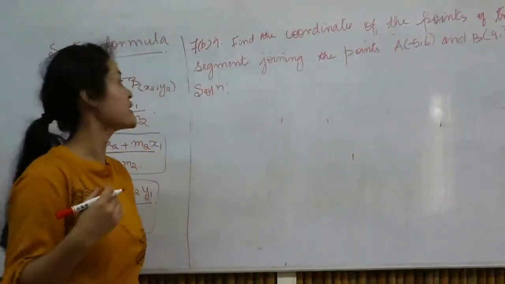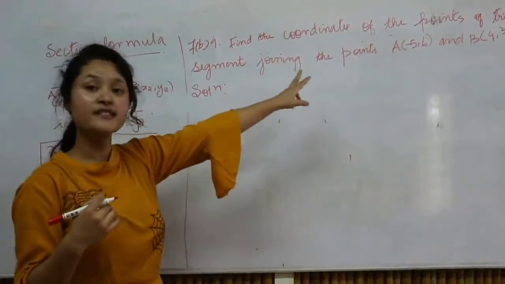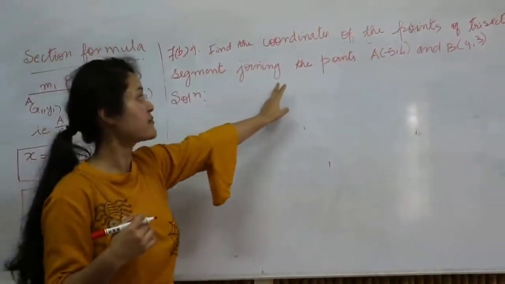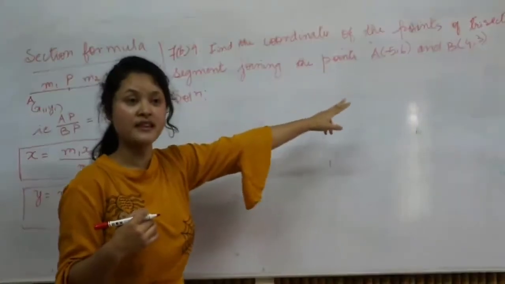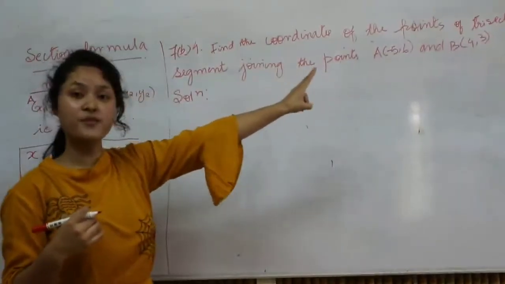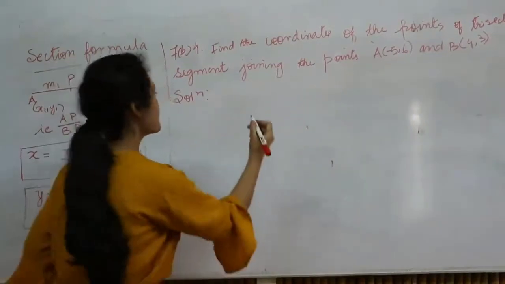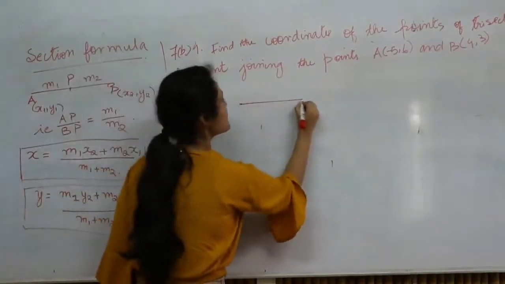Okay, let's move to the next question. Find the coordinates of the points of trisection of the line segment joining the points A and B. So we have to find the coordinates of those points which trisect this line AB. What do you mean by that? Suppose this is the line AB.